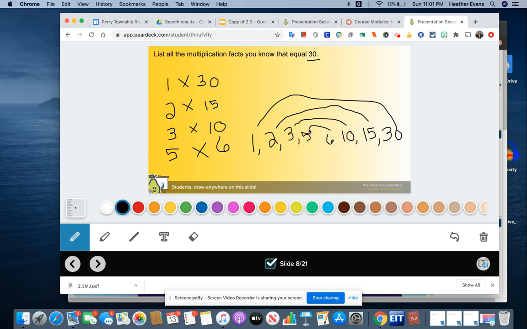So I would connect those. The way that I know that I'm done in my factor rainbow is because I've already got to 6, and that's my next number. So I'm not going to repeat those factors again. Okay, so all of the factors of 30 are 1, 2, 3, 5, 6, 10, 15, and 30. These are the math facts.